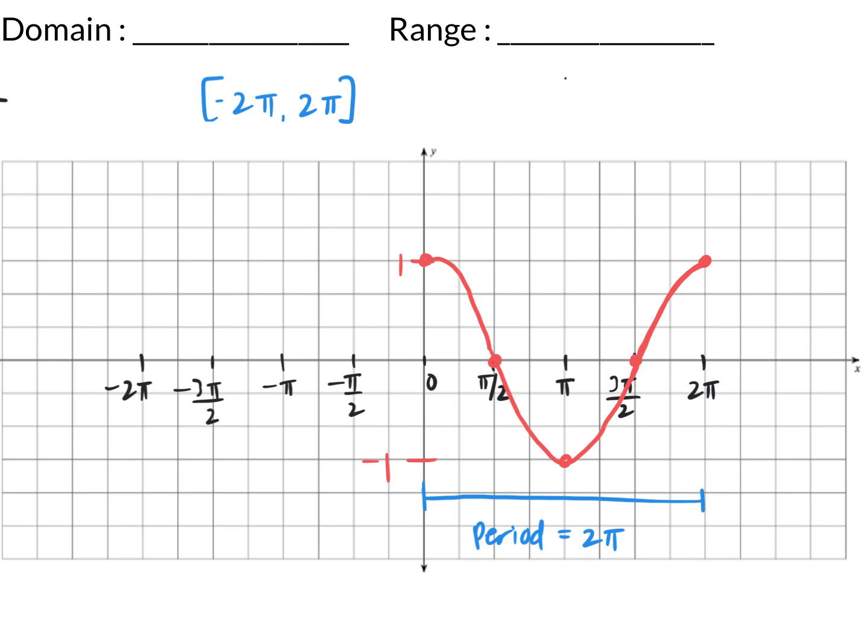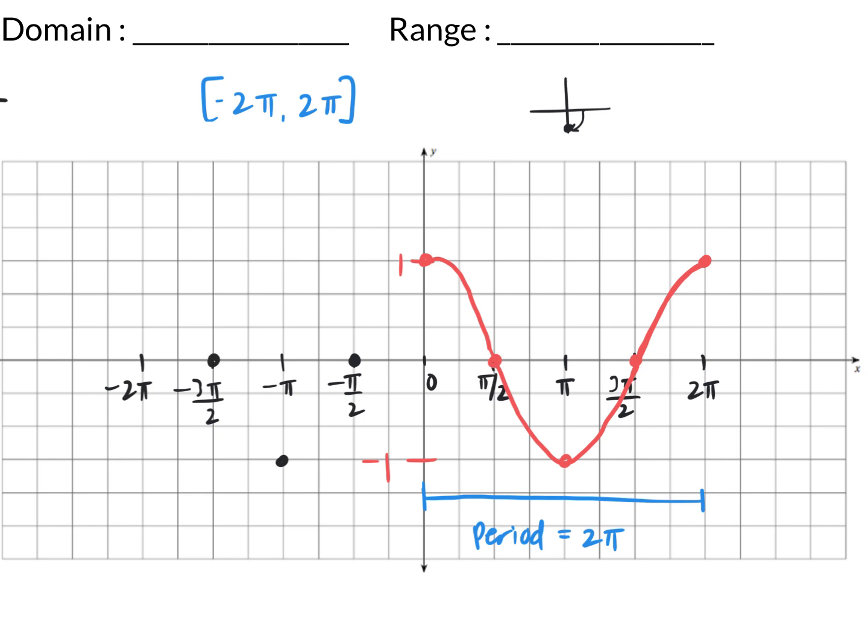And if you think about this from a unit circle perspective, negative pi over 2 just comes straight down here. So my cosine value of this would be 0, right? So it's going to give me those same values as I have on the other side, just reflected over that y-axis. So at negative pi, I'd be down here. At negative 3 pi over 2, I would be at 0.